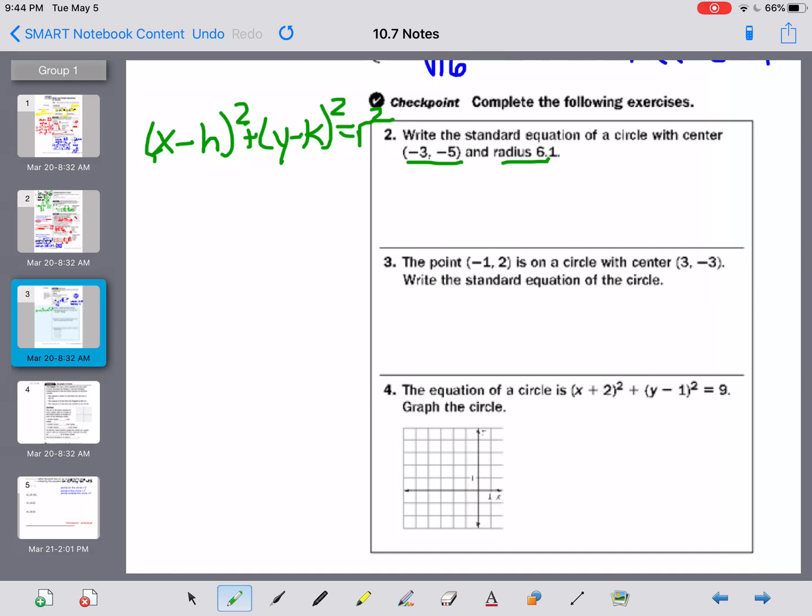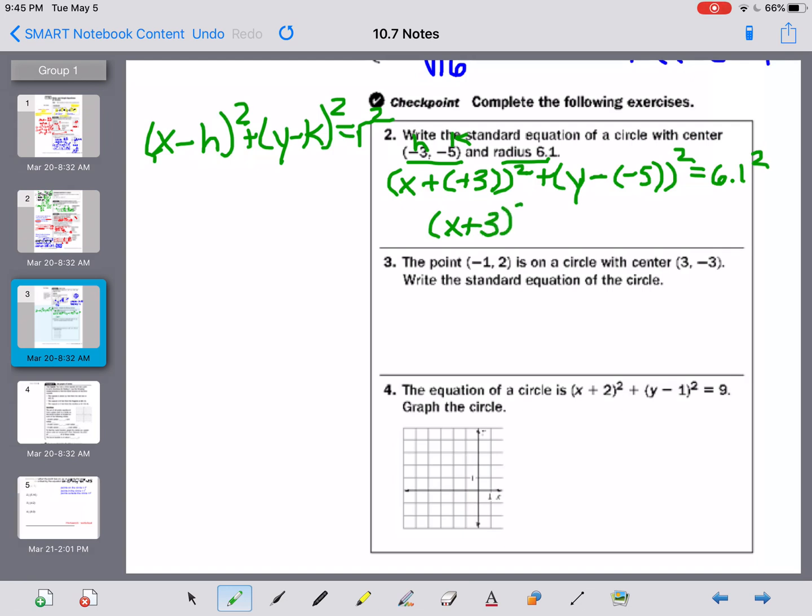So I'm going to do x minus my h, which is -3. That's my first thing. Squared plus y minus my k, which is 5, squared equals my r squared, which is 6.1 squared. Cleanup time, minus a negative becomes plus, so (x + 3)².